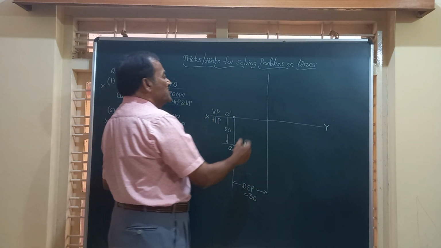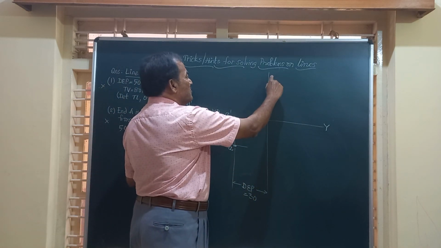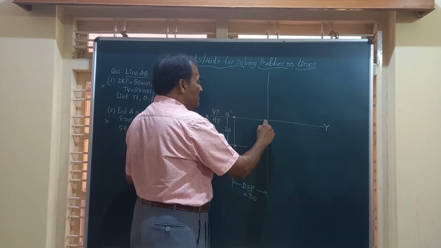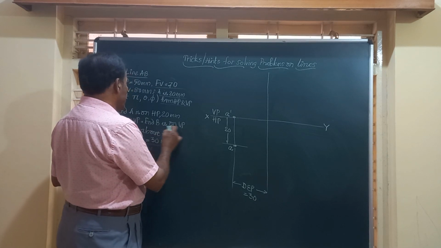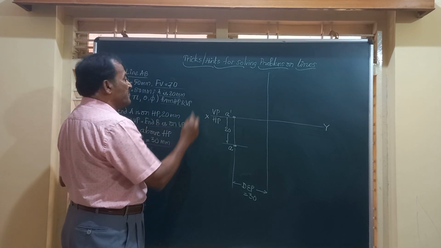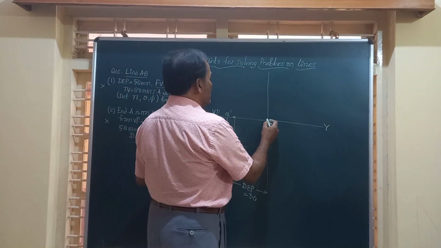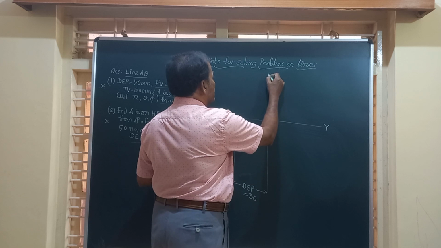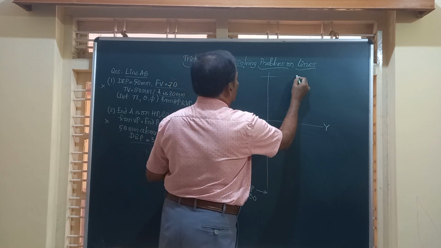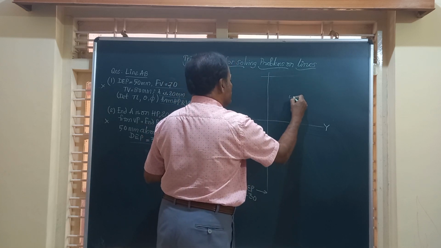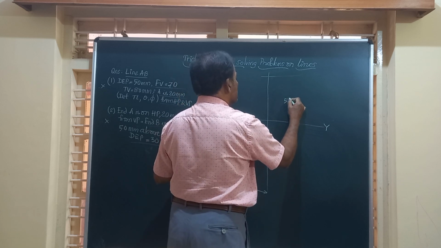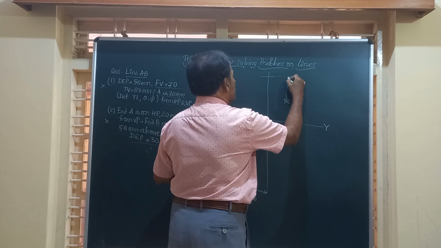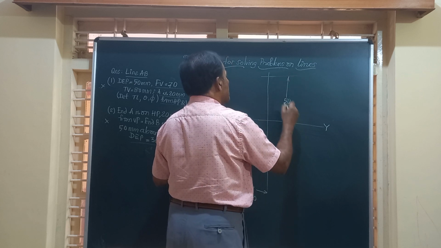Friends, very obviously B dash lies somewhere here and B will be on the XY. Now, the end B is on VP, 50 mm above. So friends, from here I will take a distance of 50 mm and obtain the point.